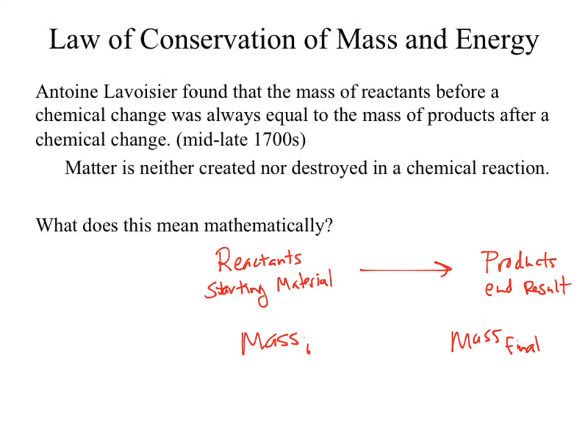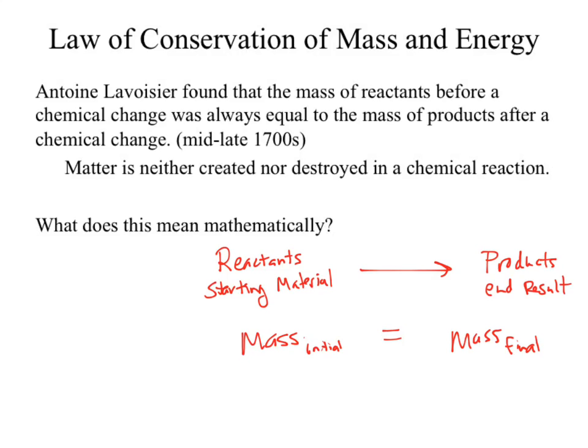How is it related? Conservation of mass says I cannot create or destroy matter. What's the relationship between the mass initial and the mass final? They are the same, mathematically shown with an equal sign.